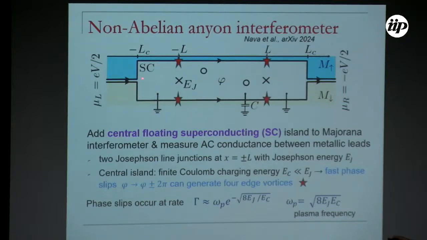And so these lines are chiral Majorana fermions co-propagating. And the central floating island is basically defined by a charging energy, EC, related to the capacitance, while here we have outer regions that are still floating and basically allow you to still have this unit efficiency process of converting the incoming and outgoing Dirac fermions into the Majorana fermions.